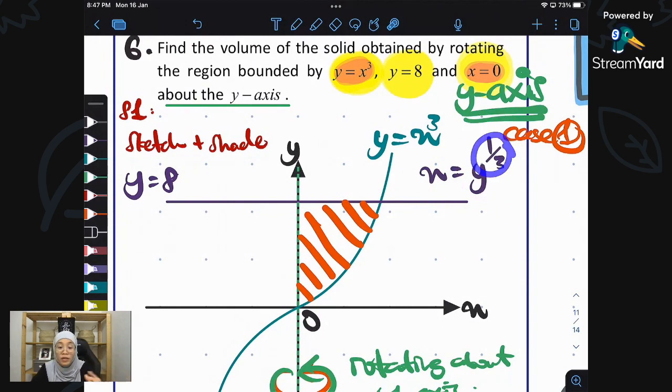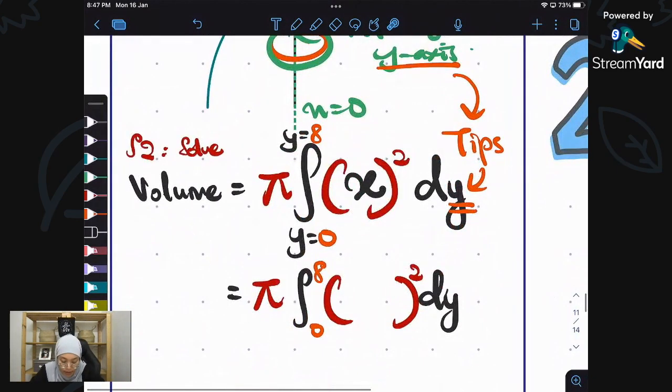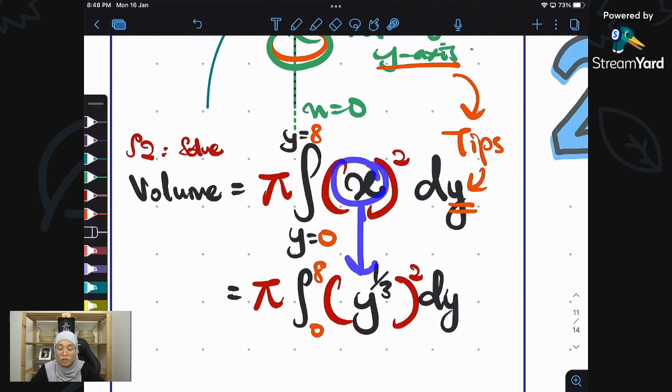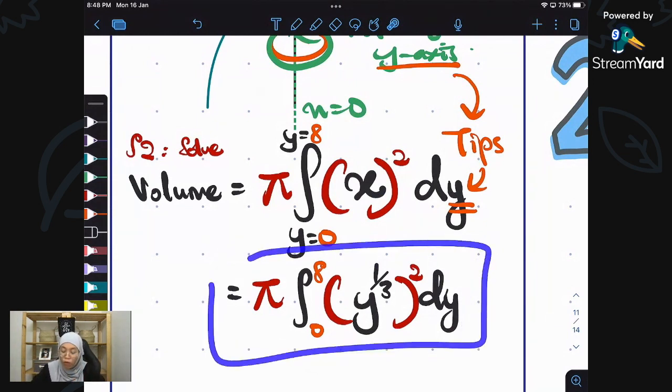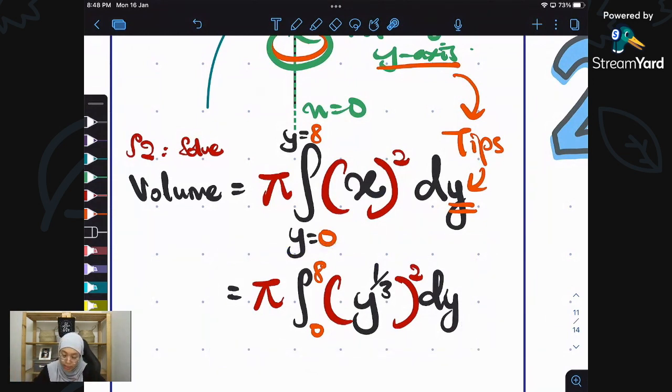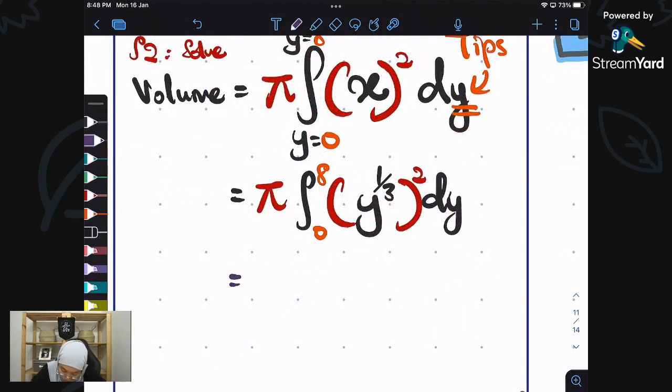Okay, saya letak power sebab apa? Sebab senang saya nak integrate nanti. So this is it. You have to know how to change, jadikan x pula sebagai subject, the function, and then you will get everything is in terms of y. Whenever everything is in terms of y, you are now ready to integrate it. So let's go.